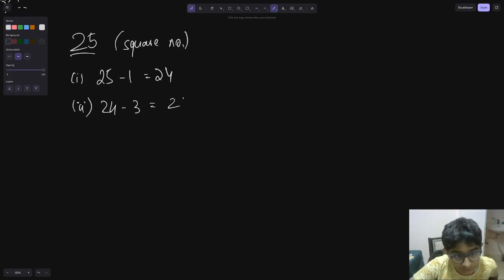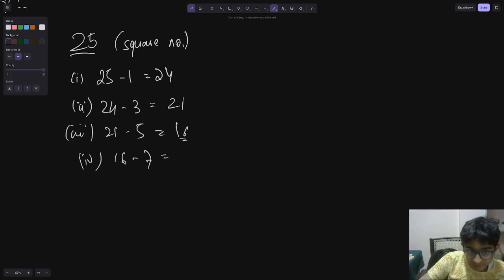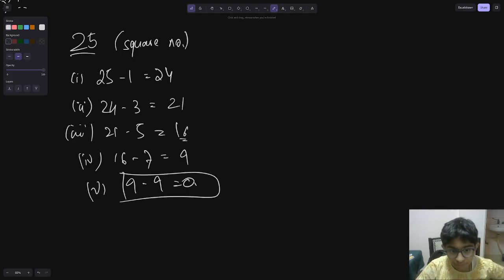What's there? 21. Then next thing is we have 21 minus 5, 16. Next we have 16 here. Subtract next odd number 7. 16 minus 7 is equal to 9. Next odd number is 9. 9 minus 9 is 0. So you can see we eventually reach 0 for this square number.